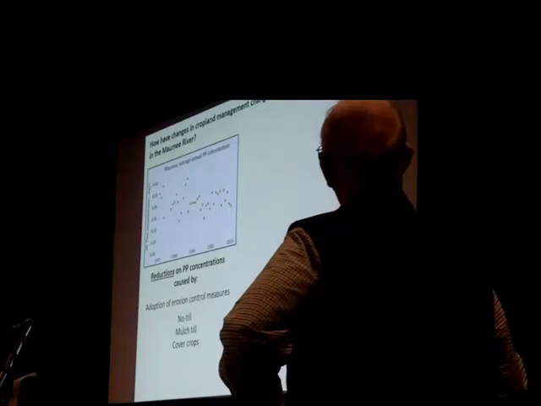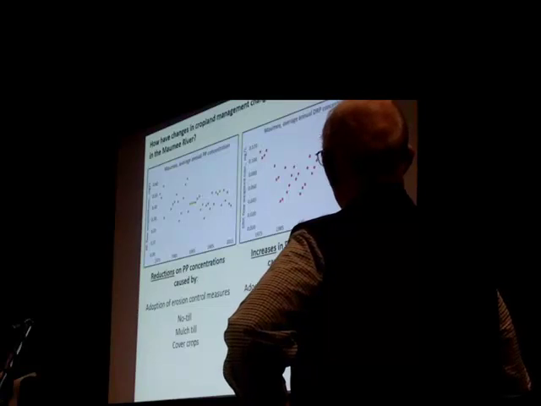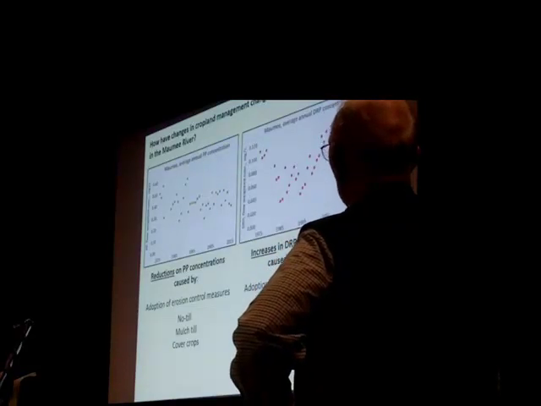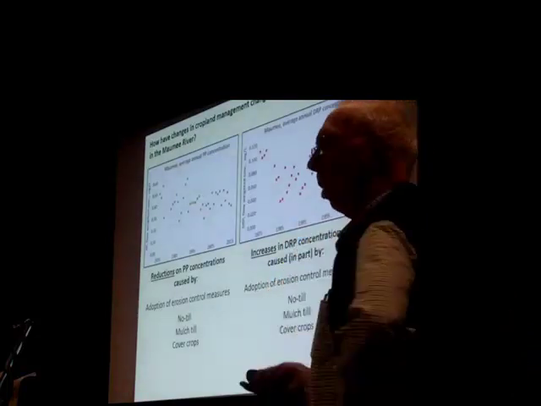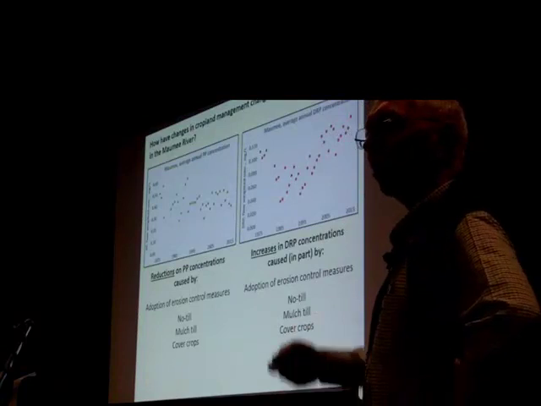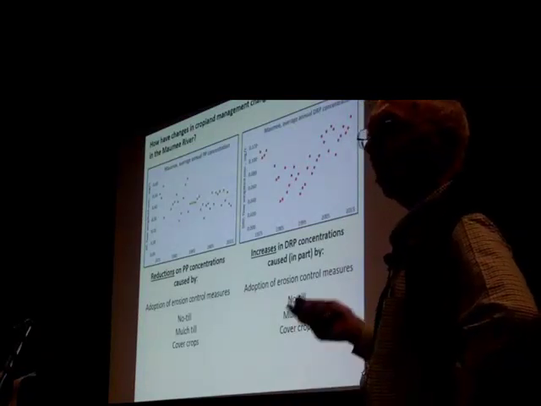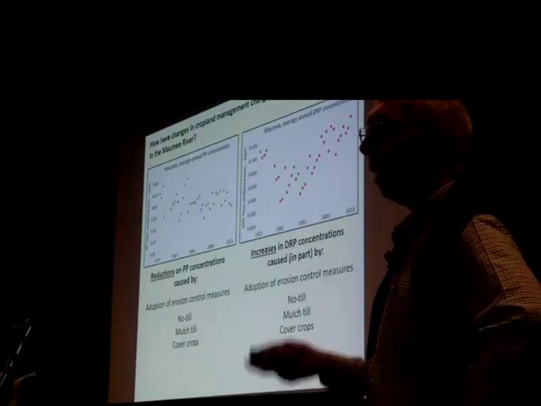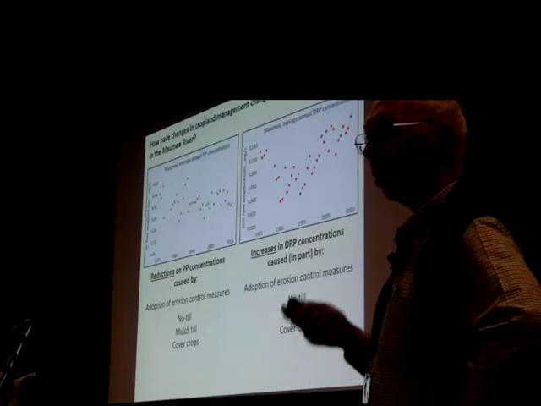Now, what about the causes of the increased DRP? Well, I'm saying that the increases in DRP concentrations are caused in part by these same erosion control measures. The erosion control measures to stop particulate phosphorus end up increasing DRP concentrations for reasons that are well known and were known in the 1970s when we launched the erosion control programs.